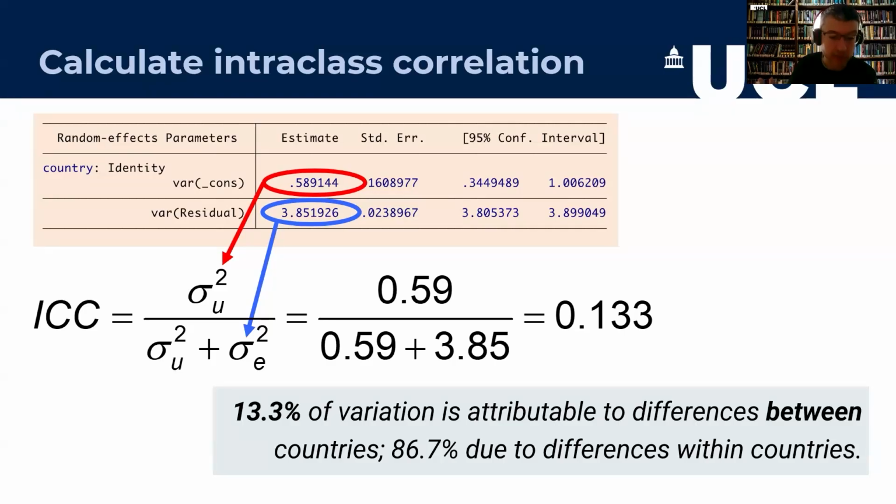So here we're just saying that regardless of whether you're interested in BMI, or life satisfaction, depression, or any other outcome variable, and no matter whether you're accounting for gender, age, socioeconomic status, and so forth, even without taking any of that information into account and just looking at the structure of the data, this value suggests that about 13% of the total variation that we observe in the BMI values, for instance, or in life satisfaction values or depression or whatever your outcome variable is, is attributable to differences between countries.